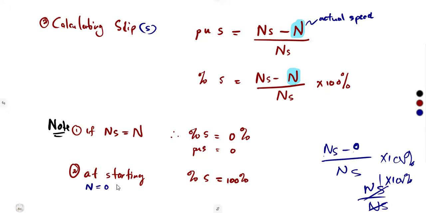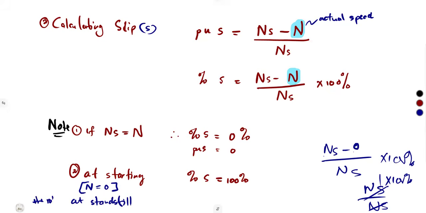In this case, N is equal to 0. At starting, this is the moment where you are starting. You don't just start with a certain speed. You start at 0. These are the conditions where the rotor is at standstill. It can be considered to be at standstill when the rotor is at standstill.